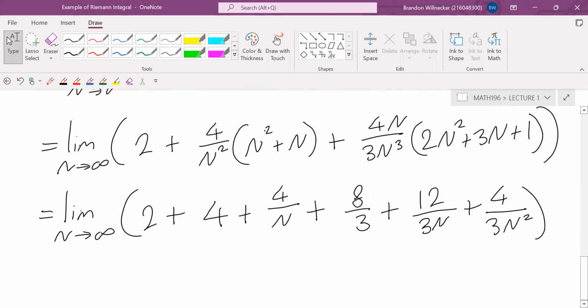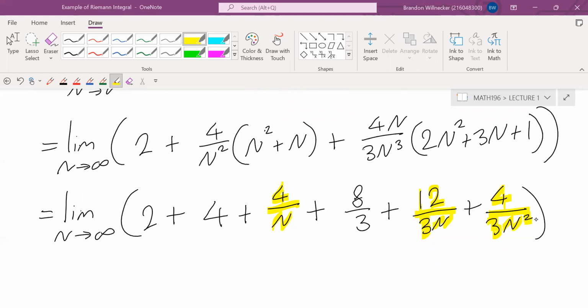Okay, so now we can finally take the limit and see what happens. So just a little note with taking this limit, all of the terms that look something like this, and this, and this, they are going to go to 0 because we are dividing by n, and as n gets bigger and bigger and bigger, the fraction will get smaller and smaller and smaller.